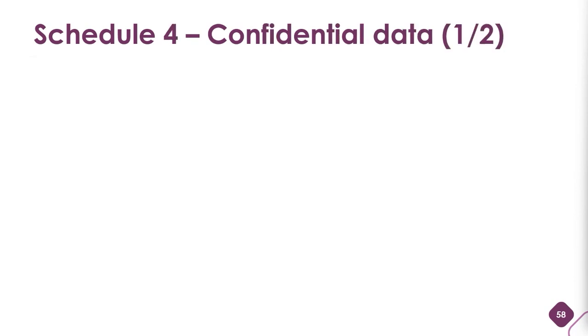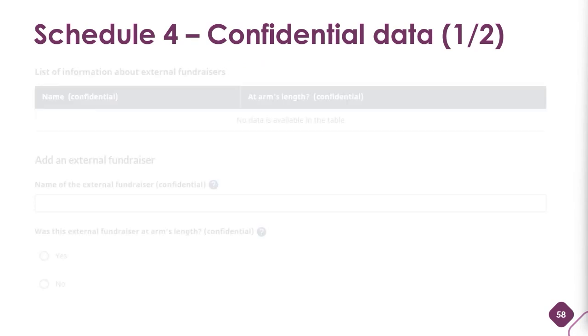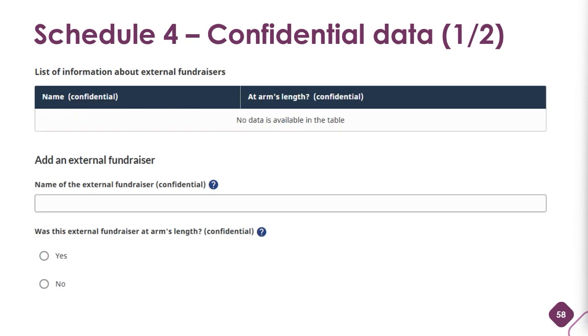Schedule 4 is for charities that paid external fundraisers and for charities that received donations or gifts valued at $10,000 or more from a donor who does not reside in Canada. If your charity paid external fundraisers, you'll have to provide this information: the name of the external fundraiser and whether or not they're at arm's length.